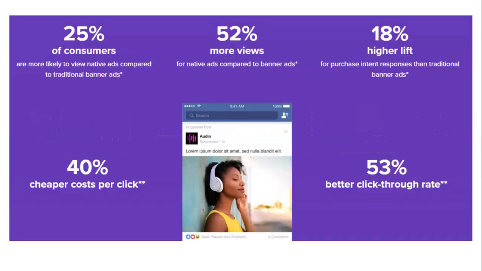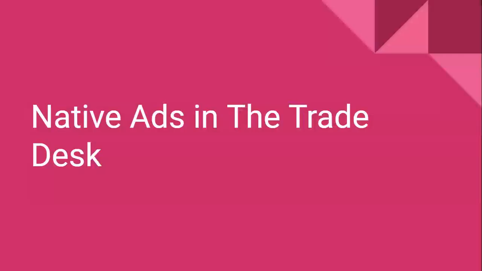And AdRoll has said that through its recent study, it has seen that 25% of consumers are more likely to view native ads compared to traditional banners. 52% of them have more views for native ads compared to the banner ads, and 18% higher lift in purchase intent responses than traditional banner ads, 40% cheaper cost per click, and 53% better click-through rate.